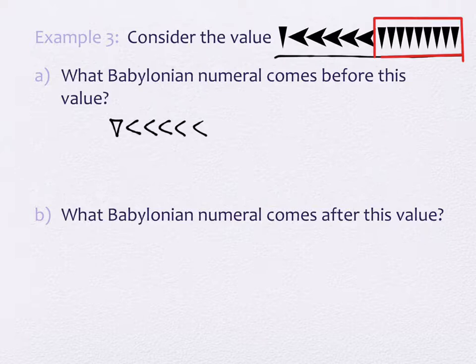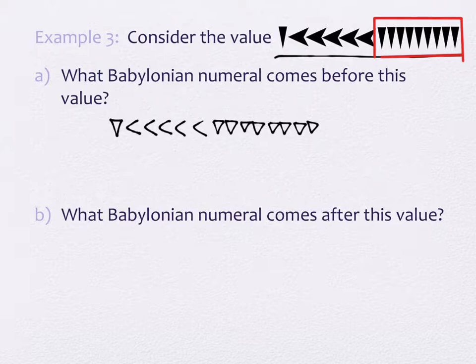This is just a time's sake thing because I don't want you guys to spend forever shading stuff in, all right? And then I would have 8 triangles at the end. Okay, everybody good with that? I just take away a triangle. That's how I get the number that comes before.